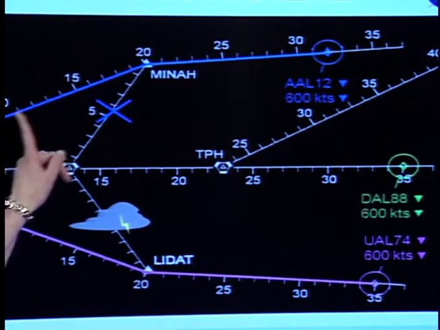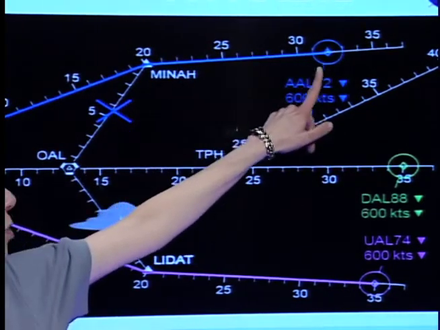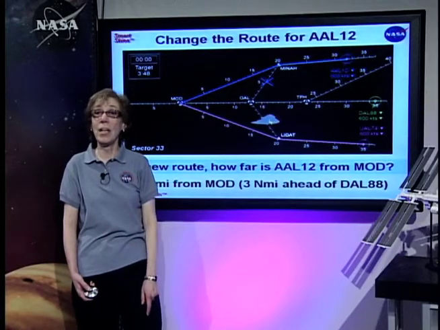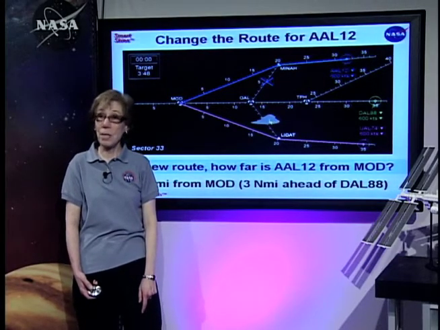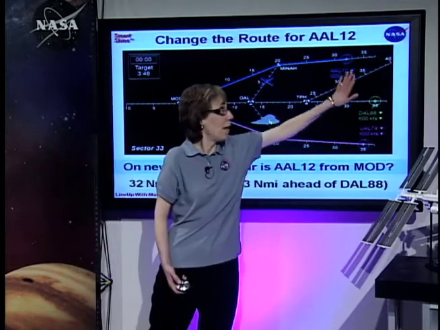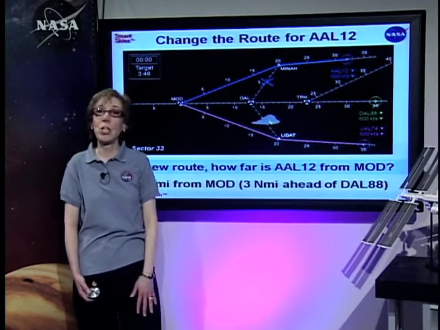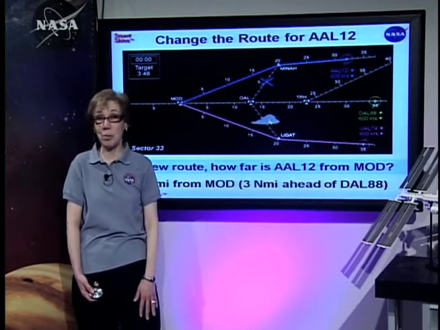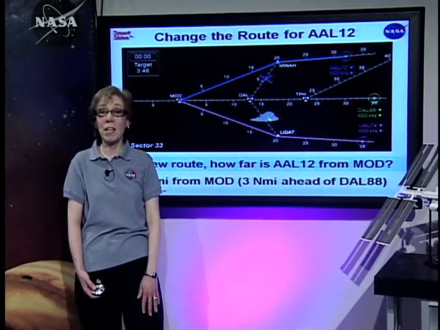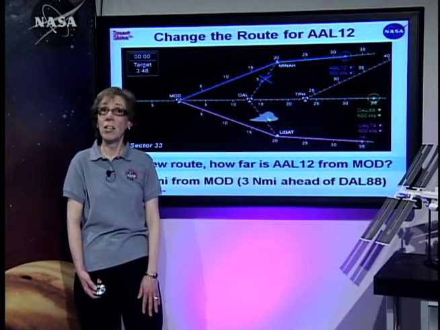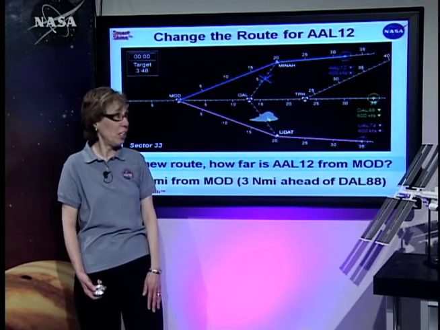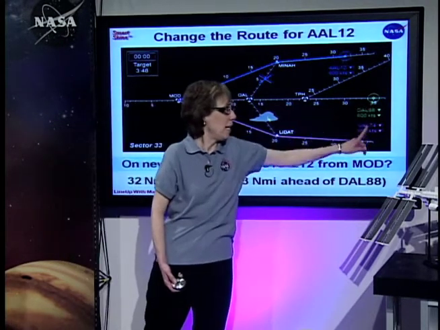Well, this time we can count along this upper route, and we see that American is 32 nautical miles from Modesto, and in fact it's now 3 miles ahead of Delta 88. Remember, Delta's at 35, American's at 32. So we have our 3 mile spacing between American and Delta, and that's just the spacing that we want. The planes are going at the same speed, so they'll keep that spacing all the way to Modesto. But we still have a problem between Delta and United.